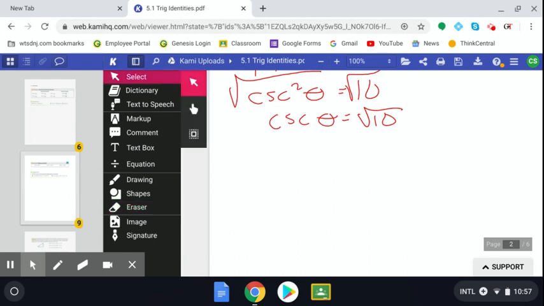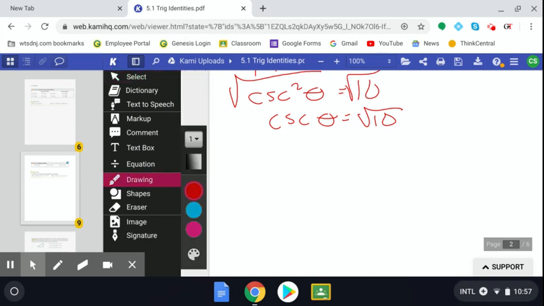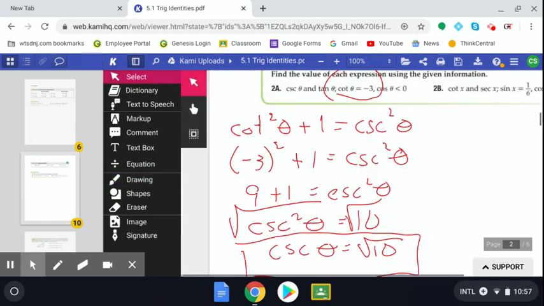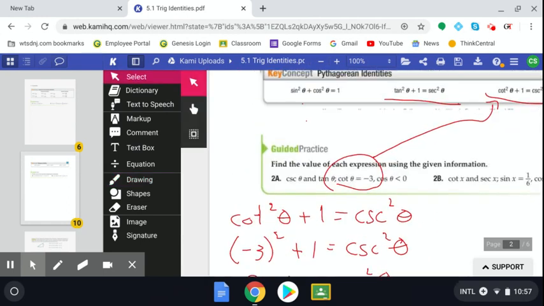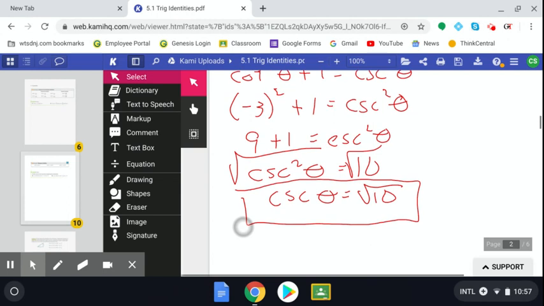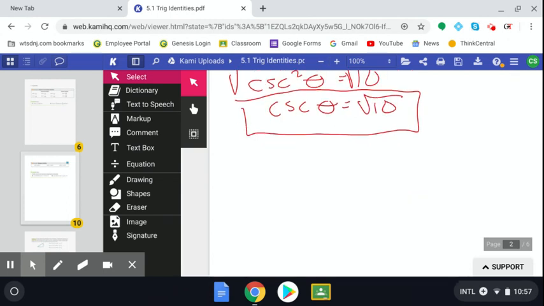All right, so I have cosecant theta. And now they asked me to find tangent theta. I have cotangent theta, so tangent theta should be the one flipped.